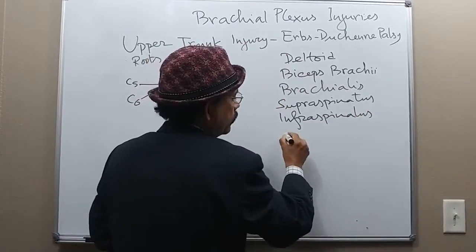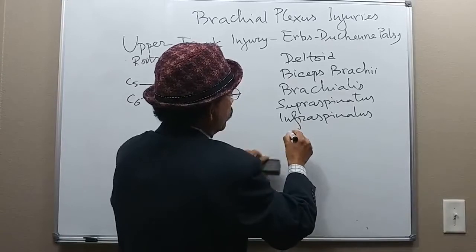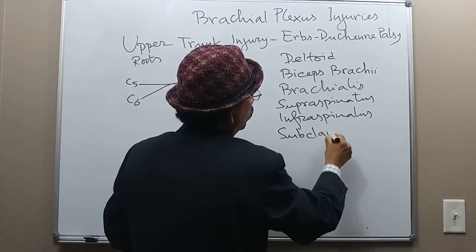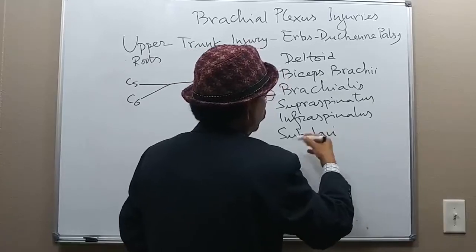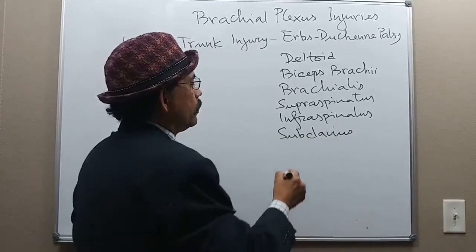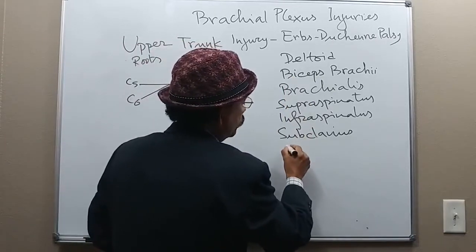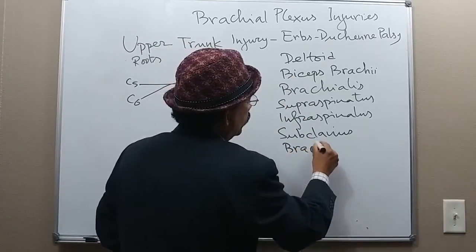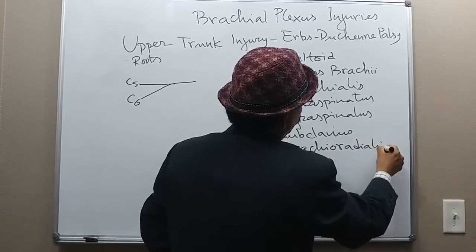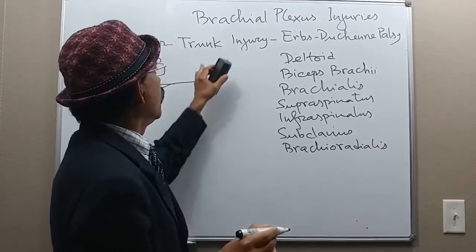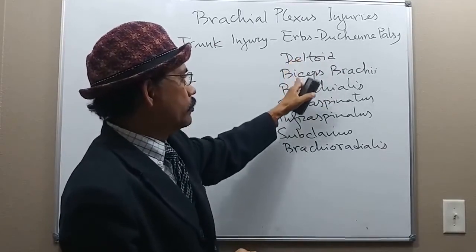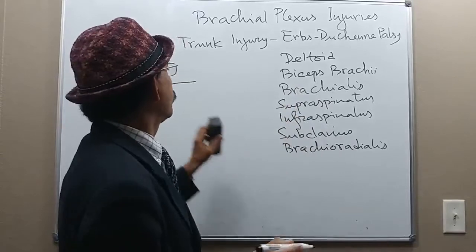We have damage to the nerve to the subclavius, supplying the subclavius muscle. We may also have injury to the brachioradialis. So upper trunk injury will lead to lack of function of all these muscles.